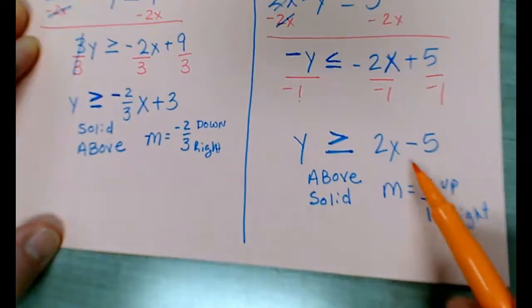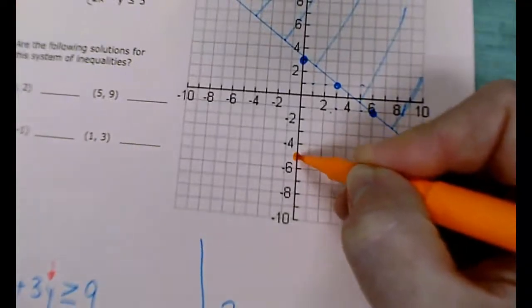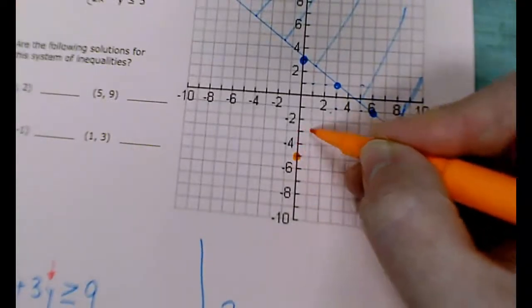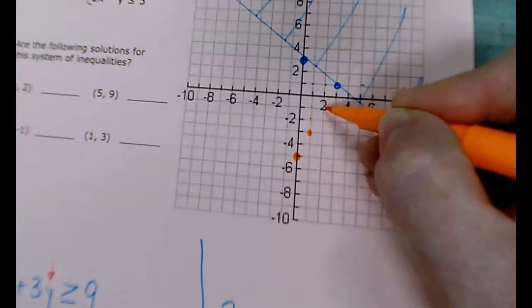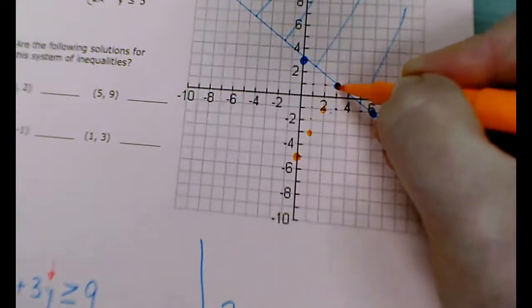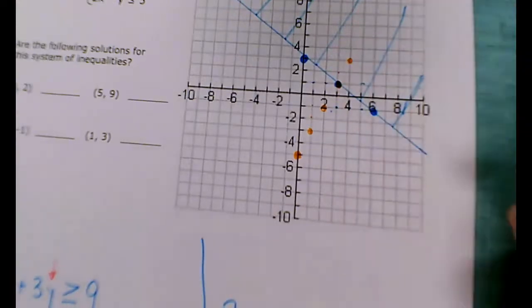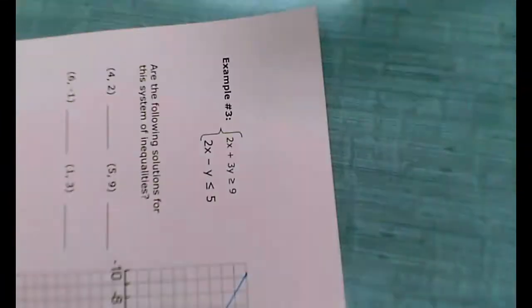To graph it, I'm going to start at -5 on the y-axis, and go up 2 and right 1. And I am going to make a solid line, and shade above the solid line.